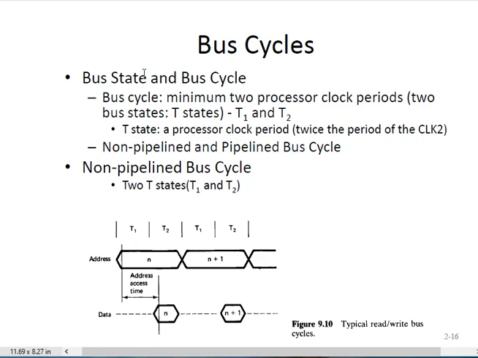Each is known as a T state; the first clock period is known as T1 and the second as T2. A T state is a processor clock period, which is twice the period of the clock provided to the processor. Now we'll go for the non-pipeline bus cycle.